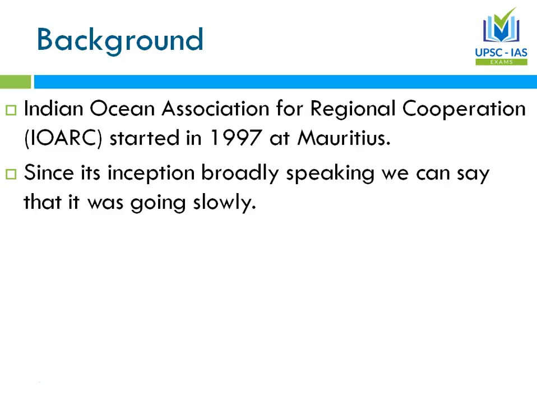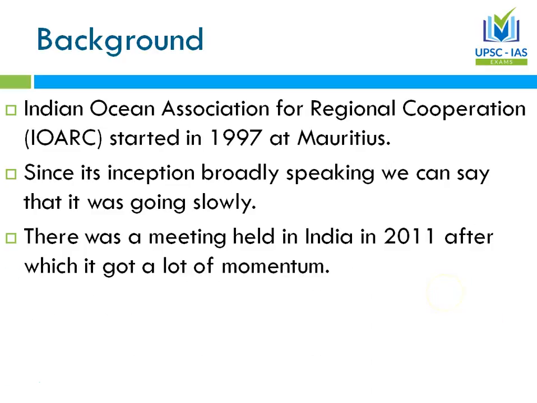But now, as we all know, the 21st century is considered the era of Asia, and in Asia you have two countries considered rising powers, and they are China and India. After that, a meeting took place in 2011 in India, and after this meeting, the Indian Ocean Association for Regional Cooperation got a lot of momentum.